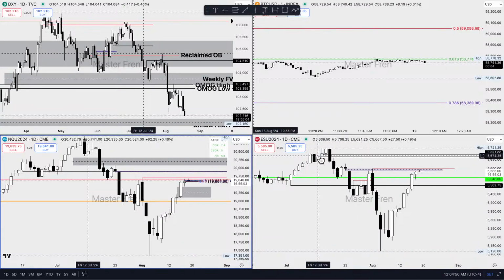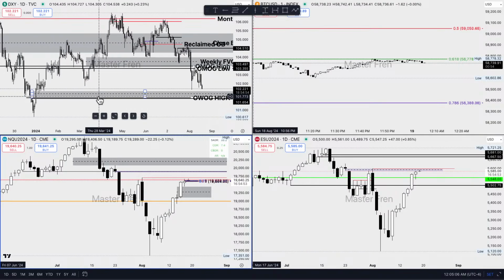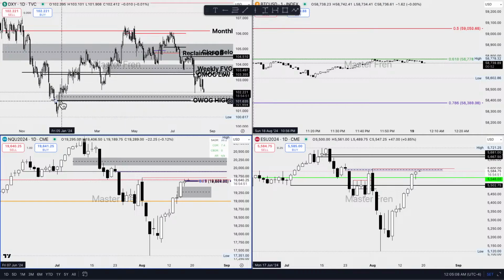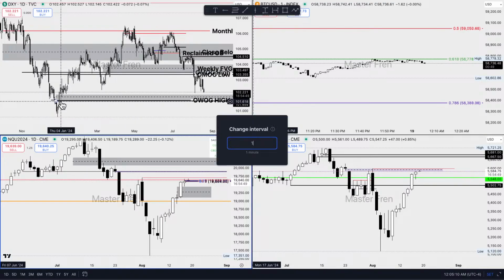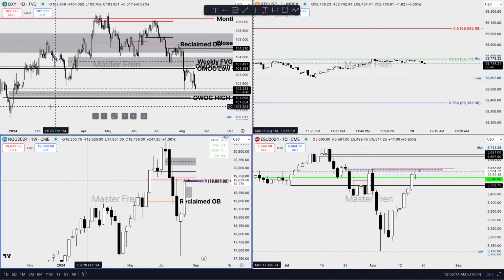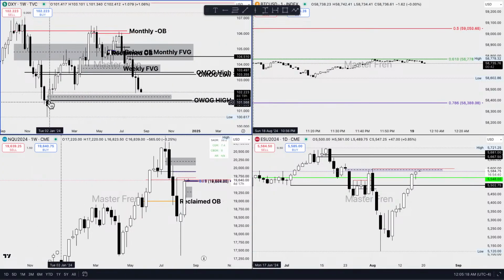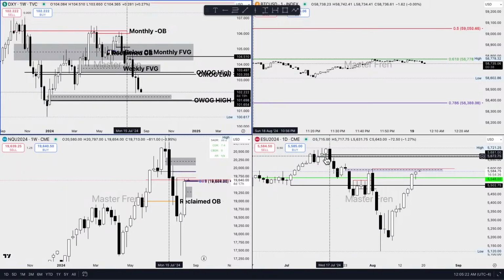So you see this new week opening gap here, Friday and Monday. You see it? Look at the one down here. This new week opening gap is old, but still relevant. Right there, you've got the one lower on DXY and the one higher on ES.